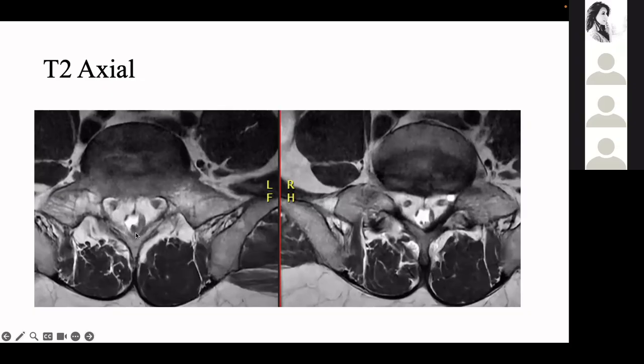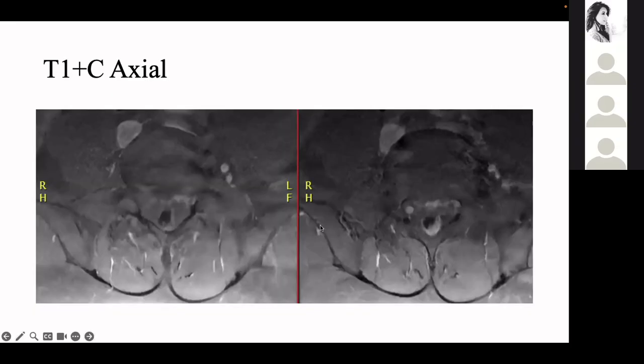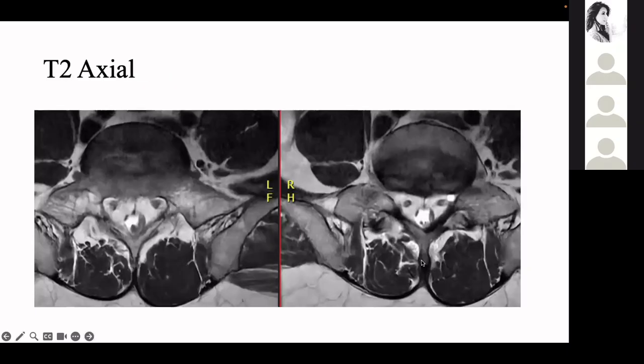So, since it is hypo and iso on T1, this is most likely post-operative hemorrhage, which has settled down into the thecal sac, and that may cause chemical meningitis and arachnoiditis and post-contrast enhancement. So this is not behaving like a drop metastasis.